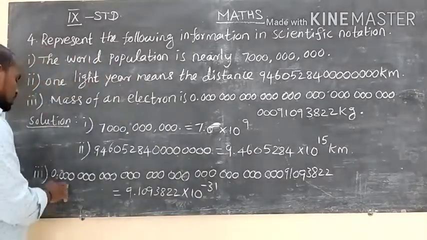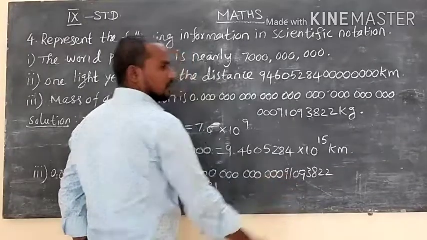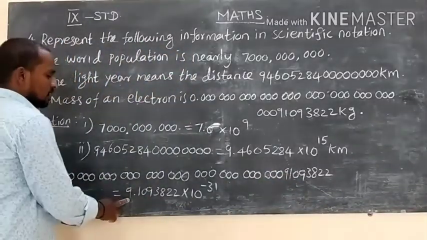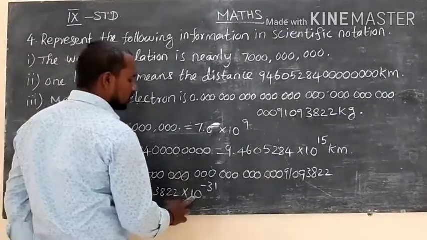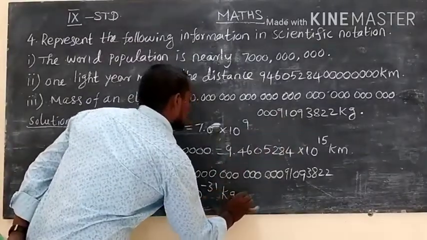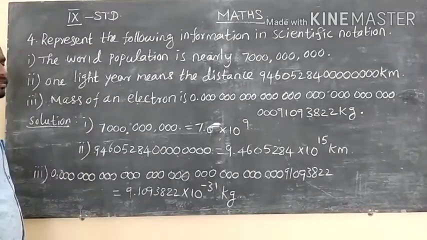Because 10 plus 10 plus 10 zeros is 30, here 31. On the left side we want a non-zero number. Okay, so 9 is the non-zero number. So 9.1093822 into 10 power minus 31 kg. This is the mass of the electron. That's all the scientific notation. Have you understood?